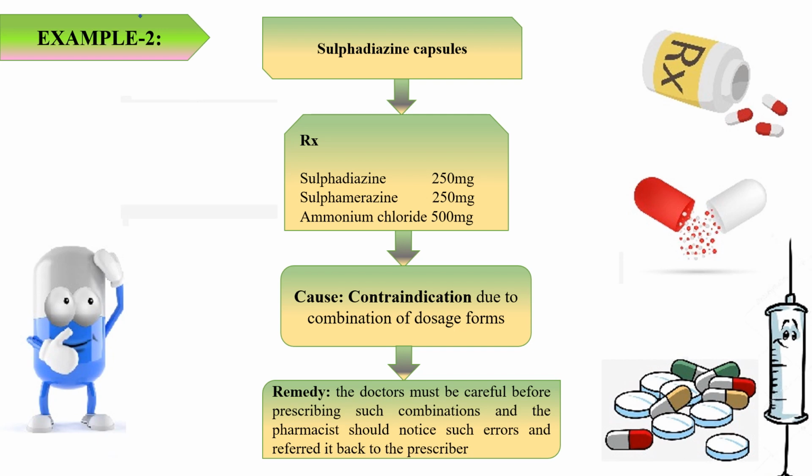The general side effect of sulfonamides is crystalluria, which normally gets eliminated. But when it is combined with ammonium chloride, the ammonium chloride causes deposition of these crystals in the kidney, causing renal disorder. So, doctors must be very careful before prescribing such combinations, and pharmacists should notice such errors and refer it back to the prescriber.